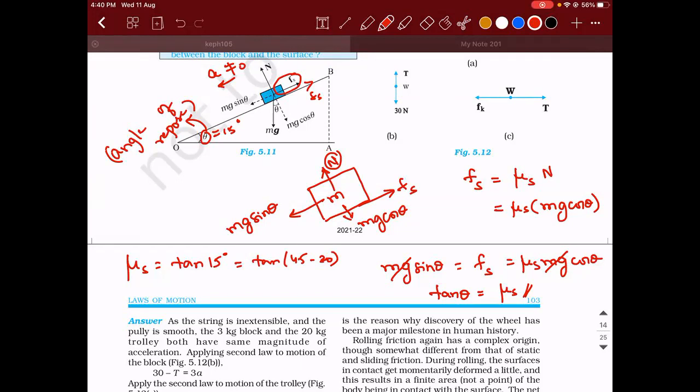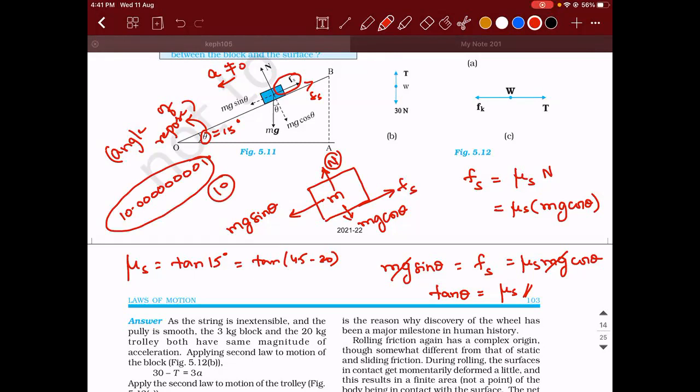Sir, please tell me, why is mg sin theta equal to static friction? mg sin theta should be just slightly greater than it. See, if mg sin theta is 10.00000000001 and the frictional force is 10, I approximated these two values.